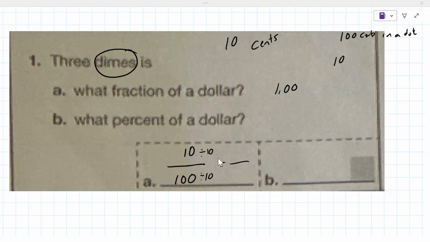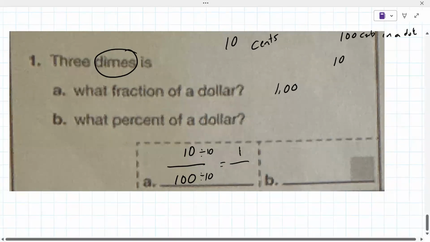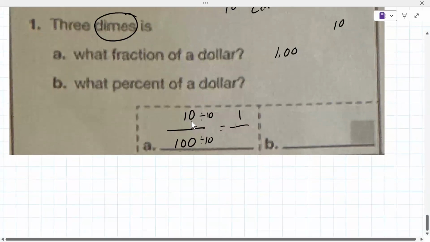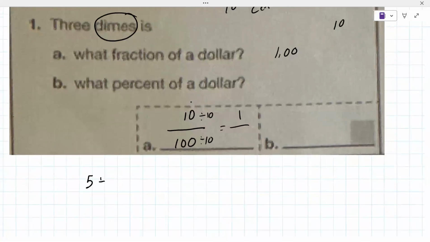Okay. So you've got to work on your multiplication and division tables. 10 divided by 10 is 1. They're the same number. If you have the same number, like what do you think 5 divided by 5 is? 1. Good.